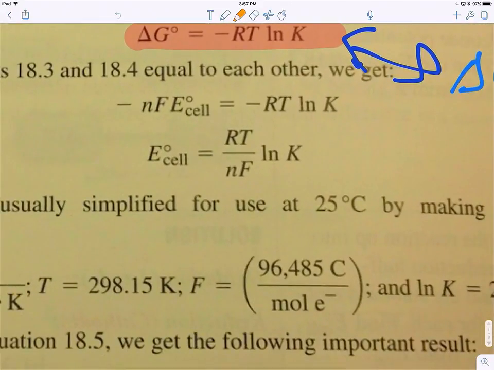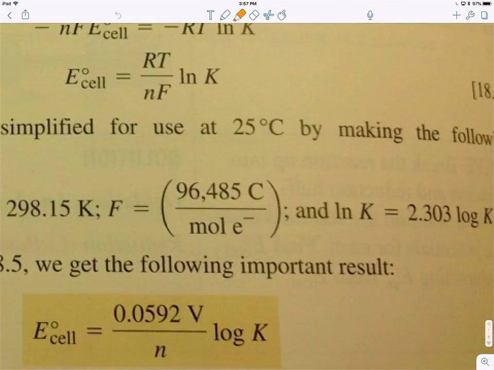So what you could do instead is use a change of base formula, and the natural log of 10 is 2.303. So if you need to take the log and you take the natural log instead, multiply your answer by 2.303 to get the log base 10 answer. Or vice versa, if you have the log base 10 and want the natural log, divide by 2.303.